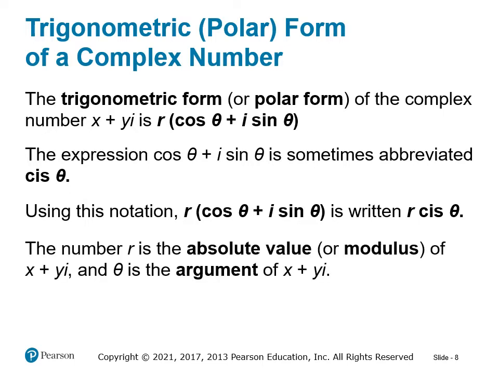The number r is the absolute value, or the modulus, of x plus yi. It can be thought of as the radius for that right triangle, or the magnitude of the vector that is created by the complex number in the rectangular graphing system. And theta is the argument of x plus yi.